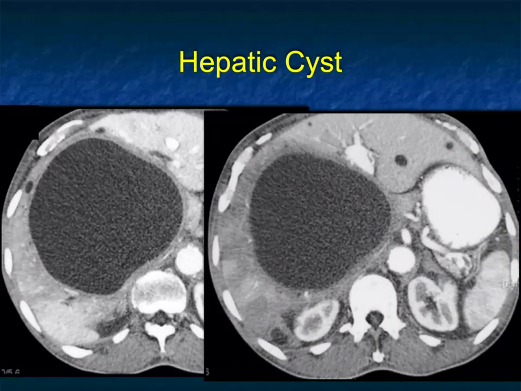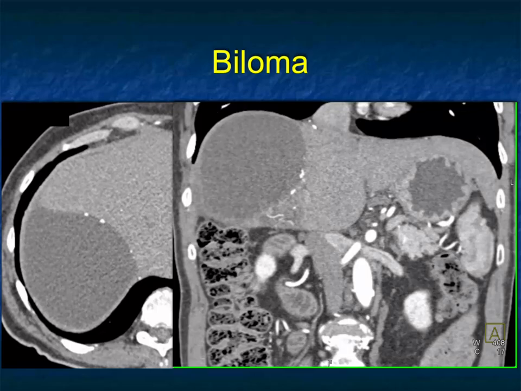So in this case, where you're tempted to say, oh my goodness, it must be an abscess, look at the perfusion changes right lobe of the liver. There's a question of a thick wall, and a thick wall always makes me think potentially of an abscess when it's cystic. This is simply a large cyst that was compressing the patient's IVC. This patient's initial presentation, in fact, was lower extremity edema because of IVC compression. So it's an important thing to recognize.